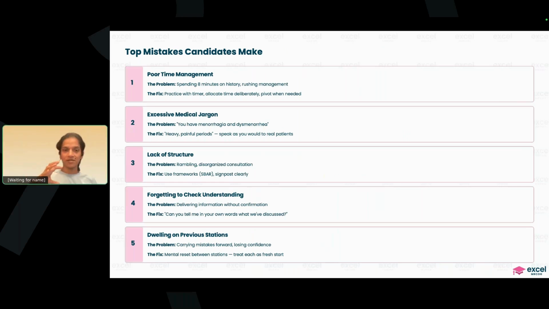Remember, the examiner is assessing 14 people on one day in those 3 hours. And it is difficult when the examiner has to assess so many of you on one single day. So you have to make things easy for the examiner to grasp. That is also another skill. So you organize your stations.